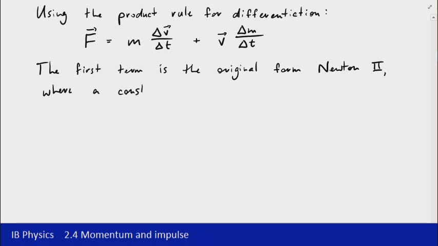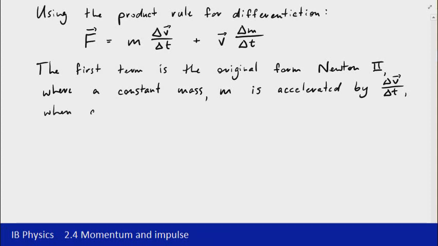So notice I'm adding the word here now, constant, because the mass of the object's not changing. So that mass is accelerated, and we know that acceleration is the rate of change of velocity over time, so delta V on delta T. So that's our acceleration when an unbalanced force is applied.